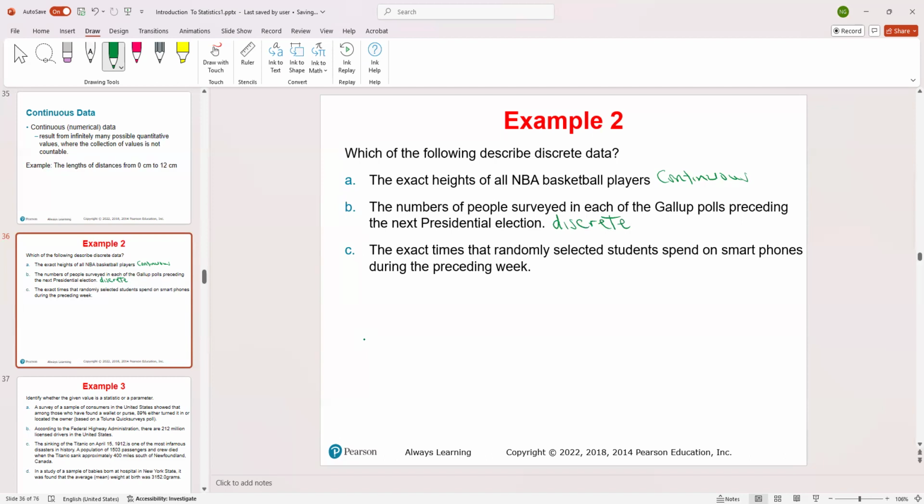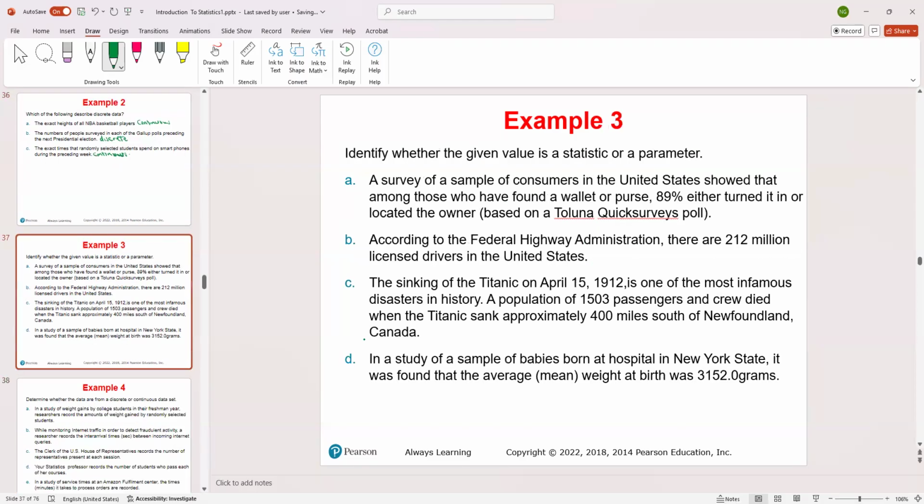The exact times that randomly selected students spent on smartphones during the preceding week. You can spend 2 hours, 3 hours, 4 hours, but 4.5 hours is possible, 20.2 hours is possible. Since there is so much opportunity of obtaining a decimal number, it's continuous. Remember, discrete numbers are all whole numbers, not decimals.